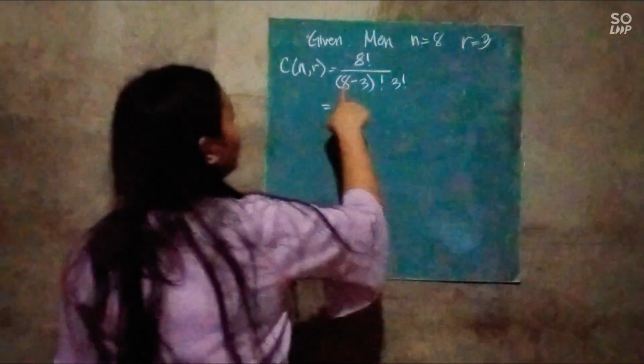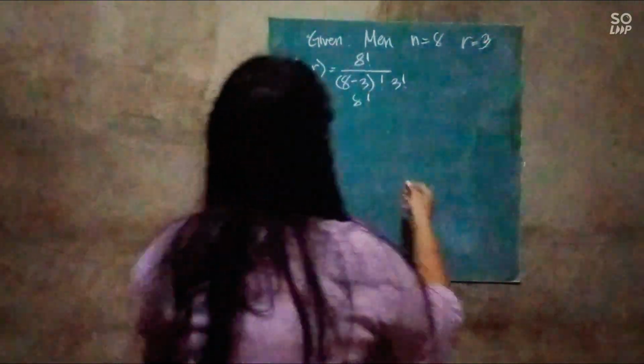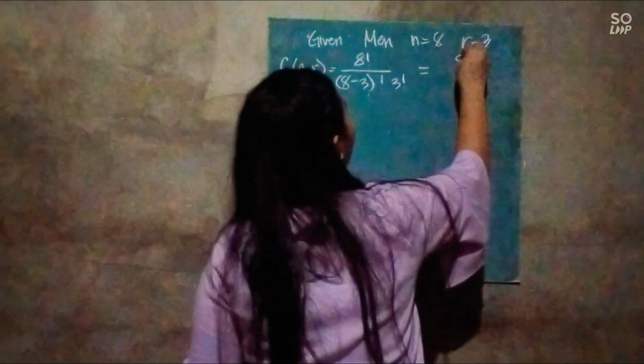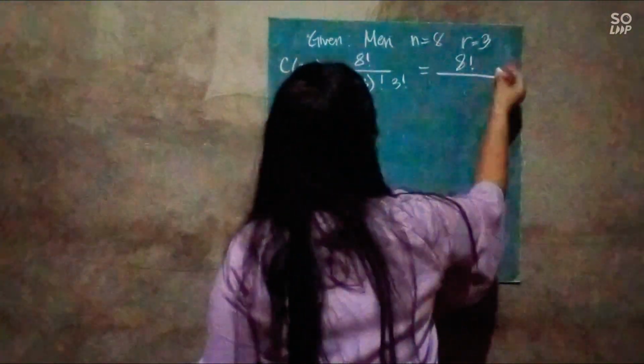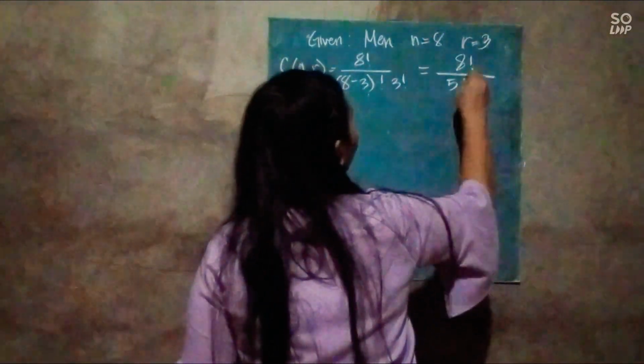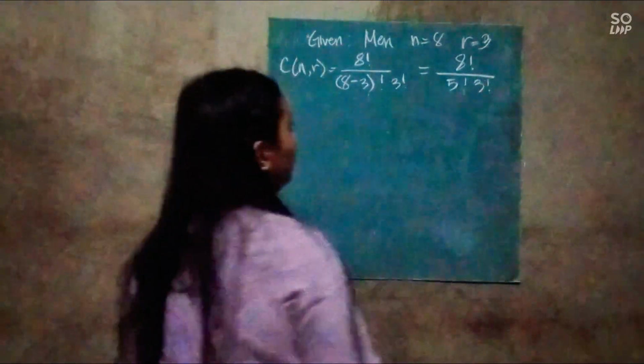So, subtract this one, 8 factorial all over 8 minus 3 is equal to 5 factorial times 3 factorial.